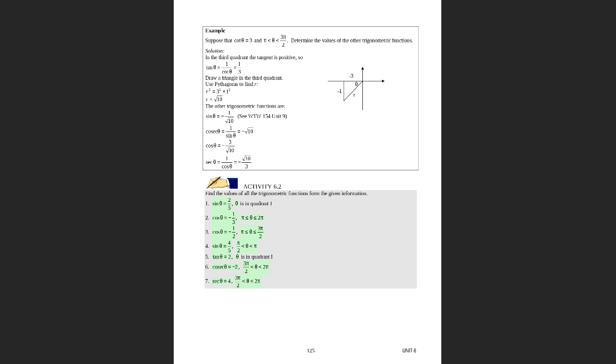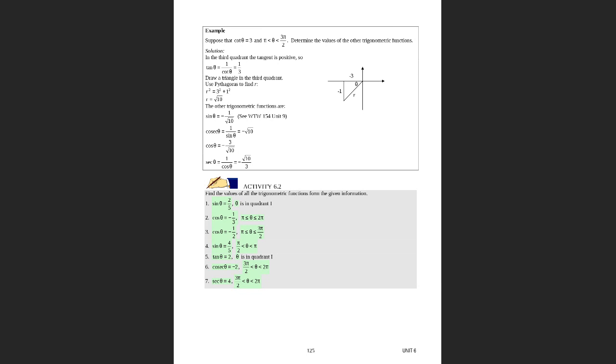Okay. So now let's look at the next question. It says that suppose cot theta is 3, and theta is between pi and 3 pi over 2. If it's between pi and 3 pi over 2, it simply means that it's between 180 degrees and 270 degrees.